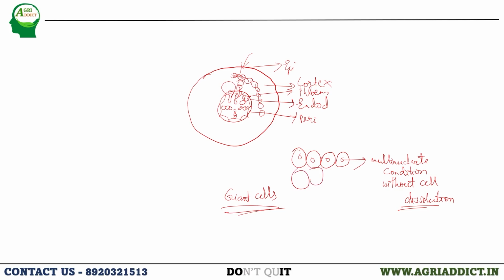Around 8 to 10 cells present in the vicinity of the head of the nematode will start enlarging in size, and the nucleus will increase in number due to karyokinesis.